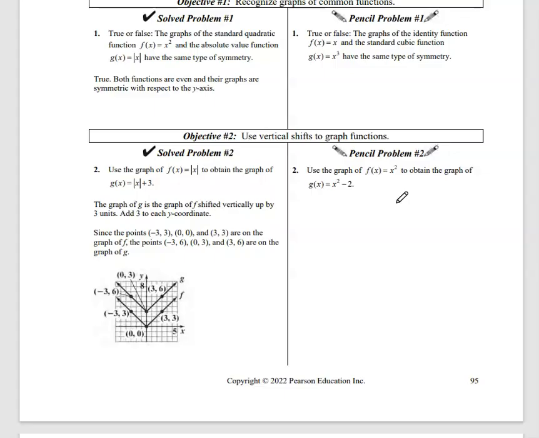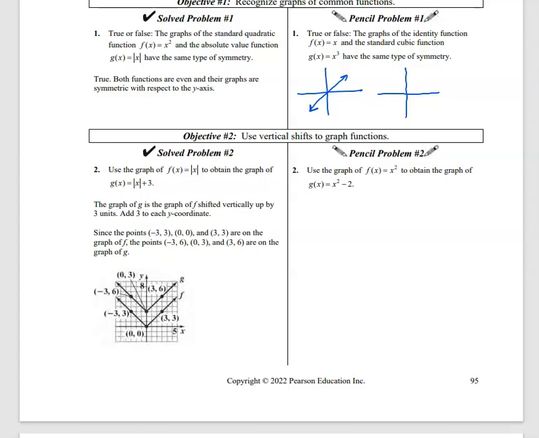And so first, just thinking back to symmetries, true or false: the graphs of y equals x and y equals x cubed have the same type of symmetry. First, we'd have to know which type of symmetry they have. A big part of this section is being familiar with the overall types of functions that I would call parent functions.